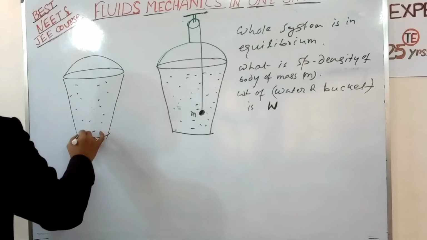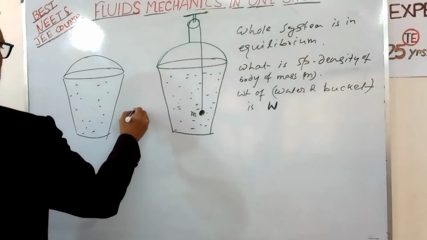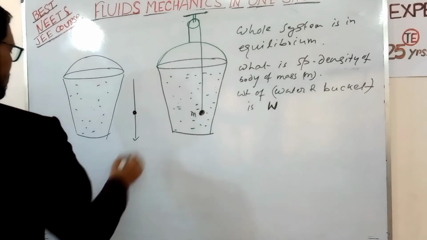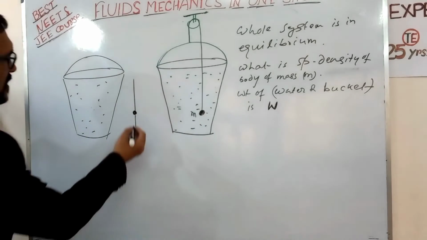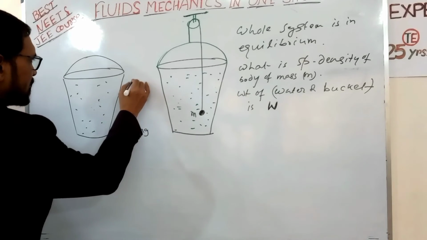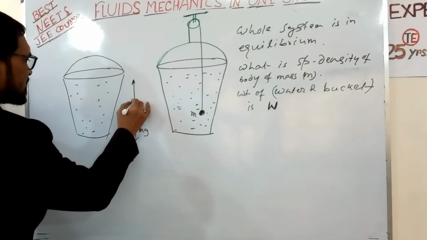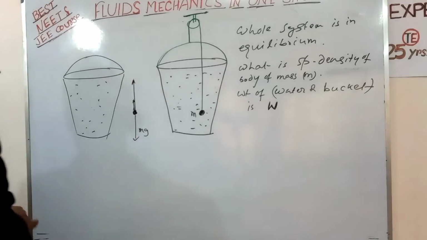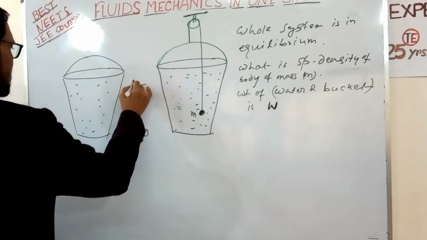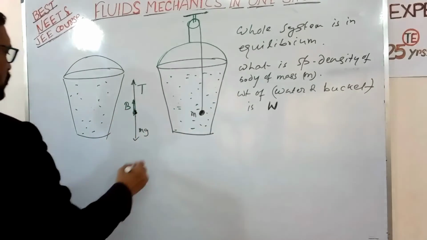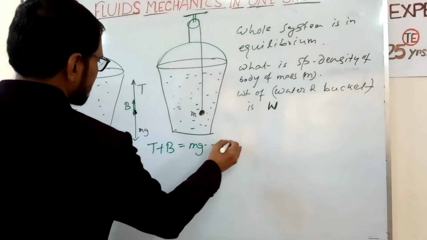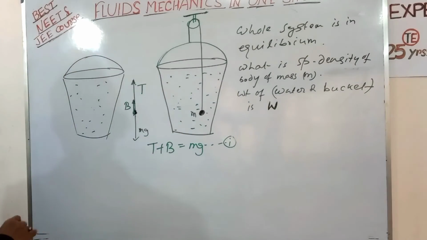First, what are the forces acting on this bob? mg acts in this direction, the buoyancy force B acts in this direction, and the tension of the string in this direction. So for equilibrium, T plus B equals mg. This is equation 1.